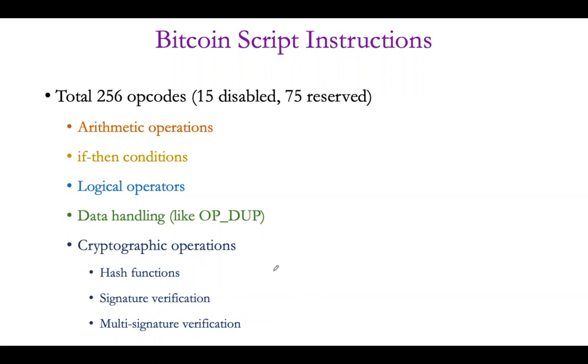So these are the Bitcoin basic scripting instructions: arithmetic, conditional instructions, logical instructions, data handling instructions for duplicating and those things, and most importantly, the cryptographic operations.